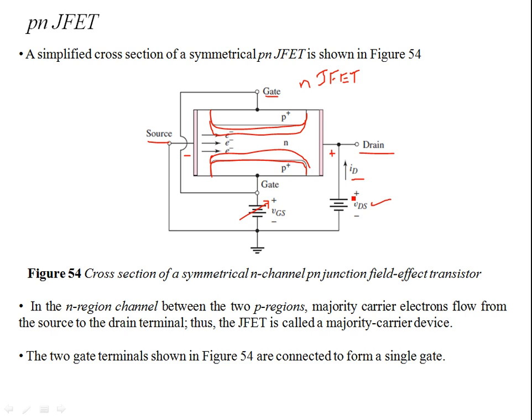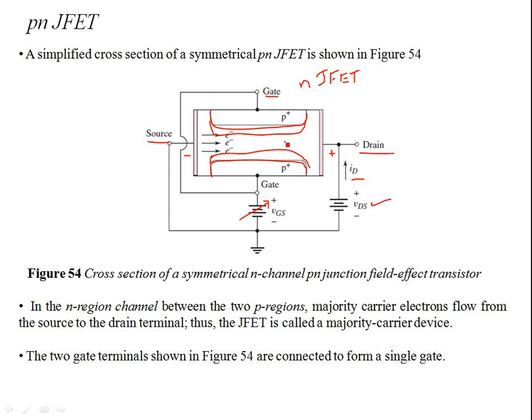There is a drain current in this direction, and the flow of electrons is in the opposite direction to that of conventional current. These electrons are flowing in the channel which is sandwiched between the gate p-type regions, for an N-channel JFET.